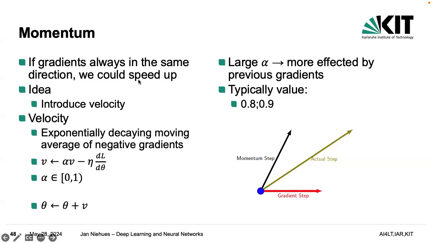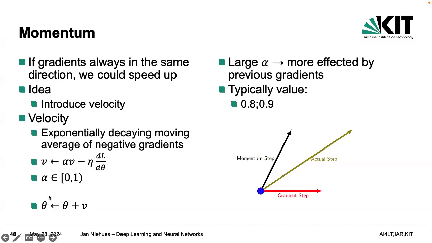So that introduces velocity in there. And what we're doing is the exponential decaying of the moving average. So you calculate a moving average, so the average of all the gradients, and always update by this. But the average is not equally weighted: the last gradients are more important, and the longer ago the gradients are, the less important they are.